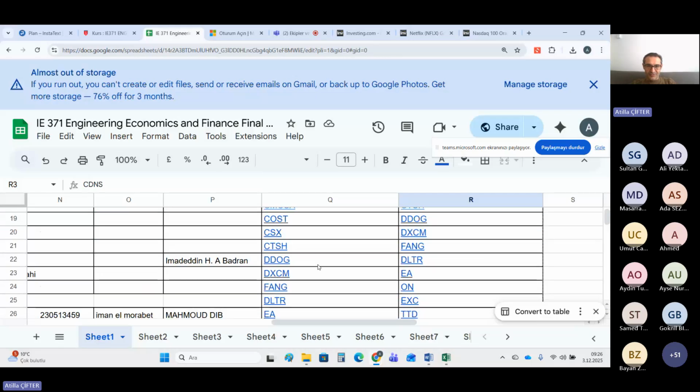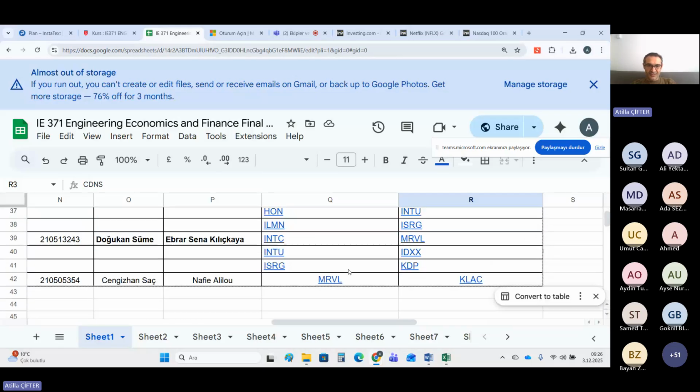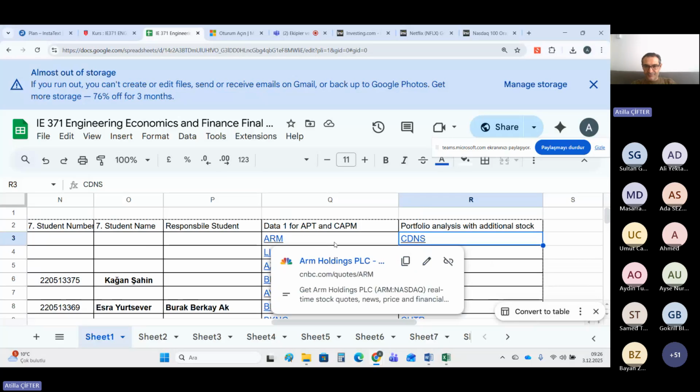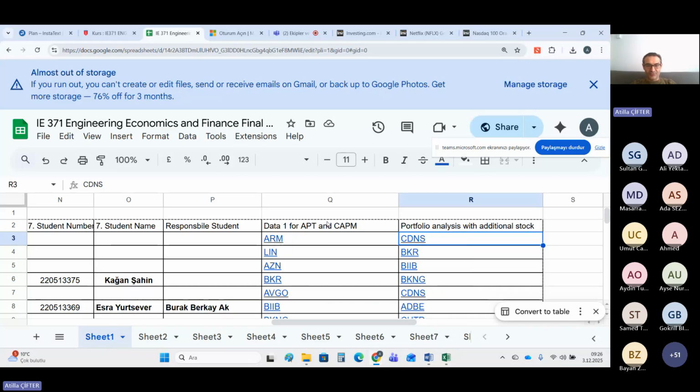So you need to select your data, first stock exchange, individual stock, and then you will use it for capital assets pricing model and the arbitrage pricing theory. Yes, another question?